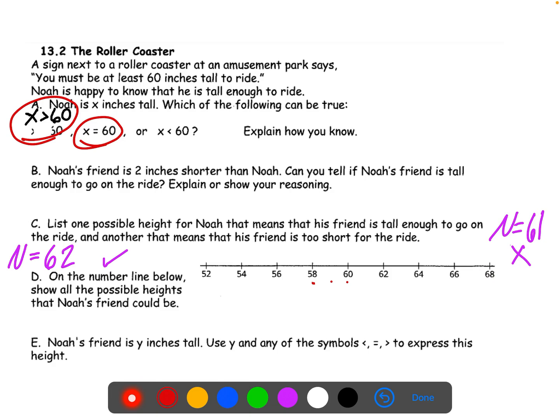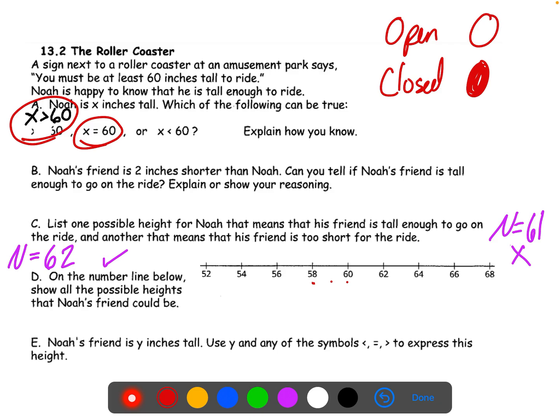Now, there is something on a number line that's going to show us whether or not where we're starting on the number line is included in the information or is not included in the information. So there's two things. We have open circles and we have closed circles, filled in circles.